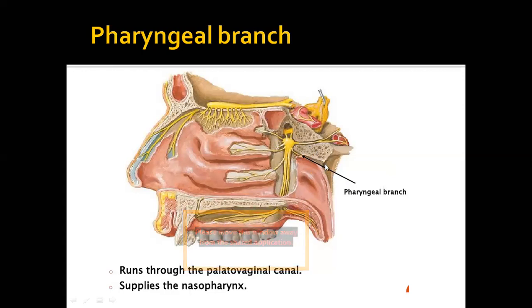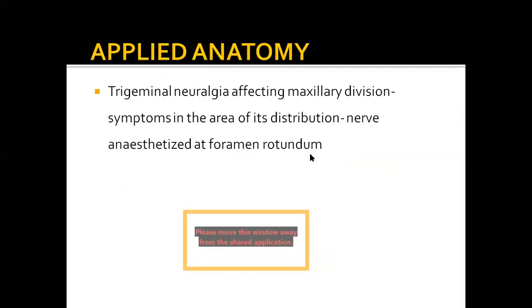So the area above and behind the auditory tube is supplied by the pharyngeal branch of the pterygopalatine ganglion. So the branches and distributions are over. So far we have seen the orbital branch, lacrimal branch, nasal branch, and pharyngeal branch. With this we'll go on to the applied anatomy.